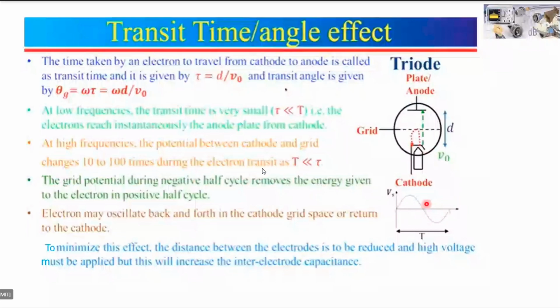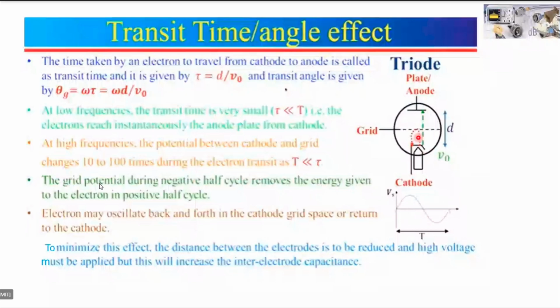But before it could reach the anode, the input changes from positive to negative. And in the negative cycle, that energy will be taken back and the electron will be attracted towards the cathode. And the electron will move something like this. You see this red line. It will be moving something like this. Because of this, a part of the signal is lost.